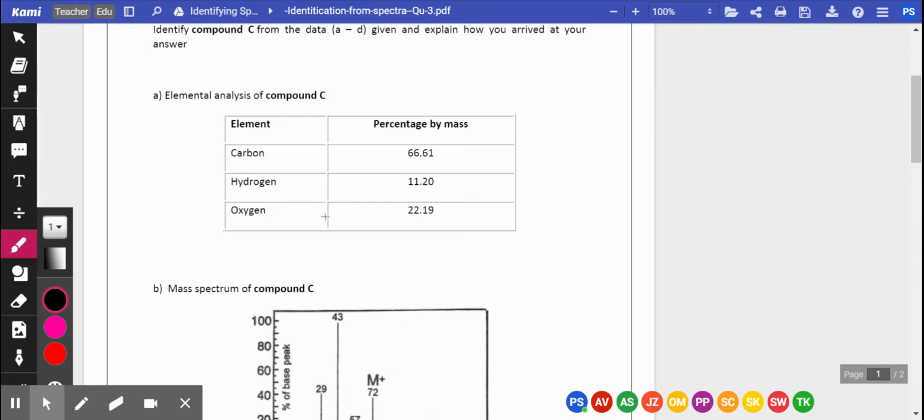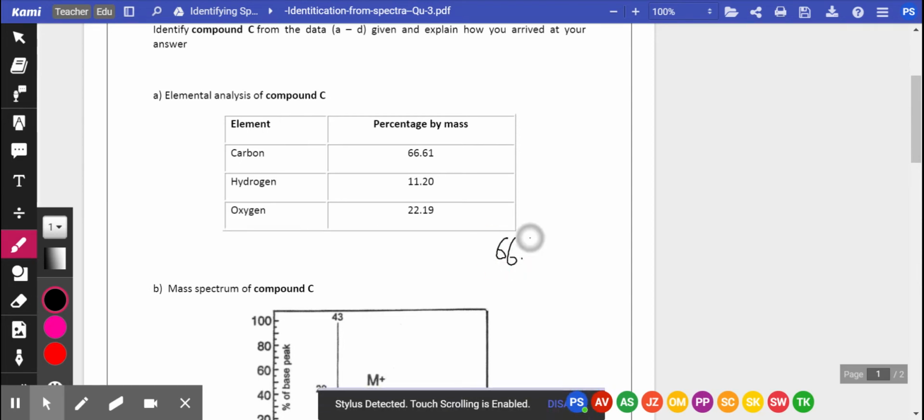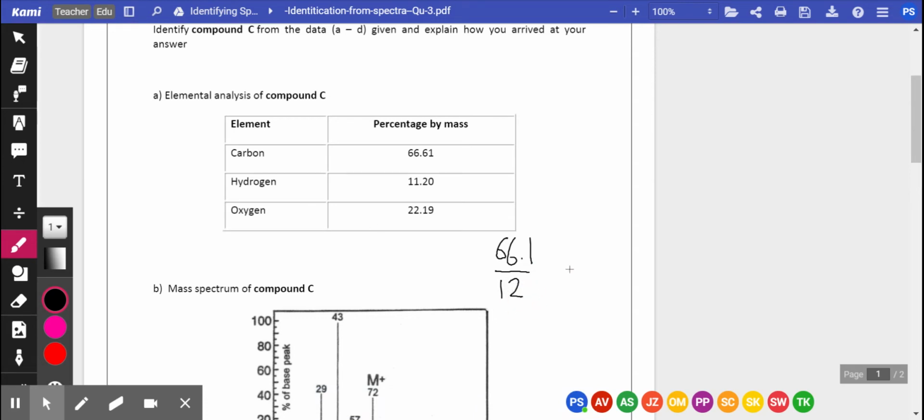contained by this compound. Okay, so we're going to look at a little bit about stoichiometry because we need to use this data to find the empirical formula of the sample. So to do that, what we must do is divide each value by its atomic mass, which we can find on the periodic table.